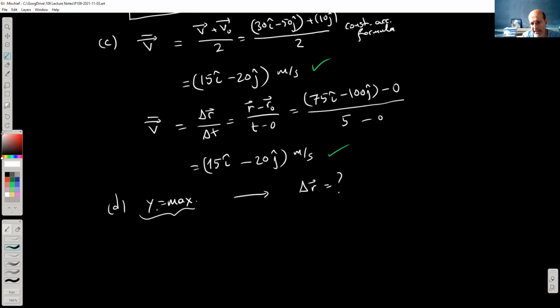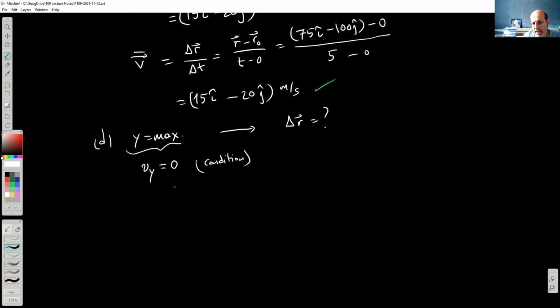I know that when the y component of the position is maximum, velocity along that direction has to be 0. So that's my condition. As a result, I just write down this condition and solve for it. That's the equation in here.